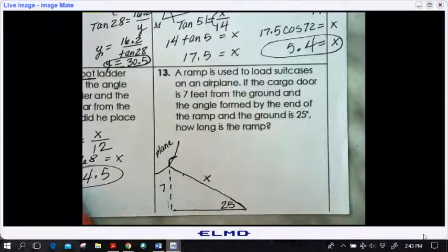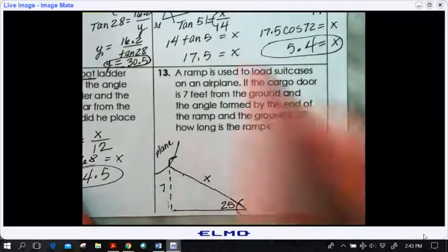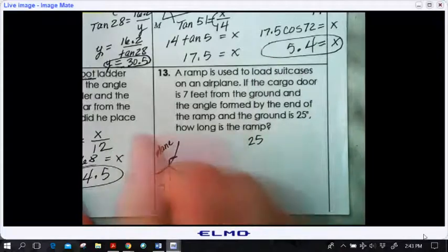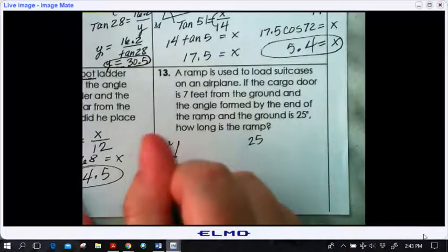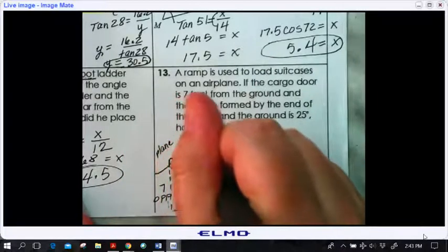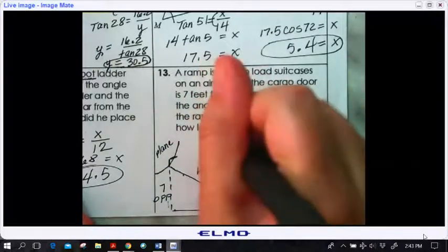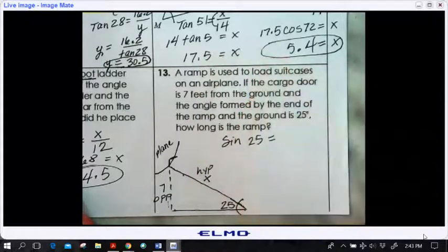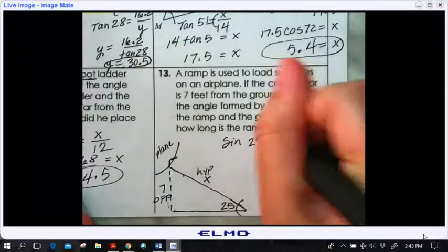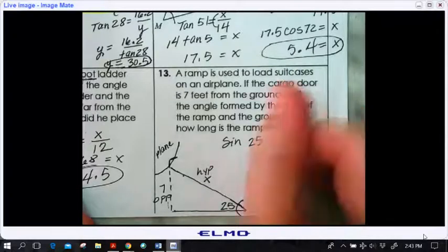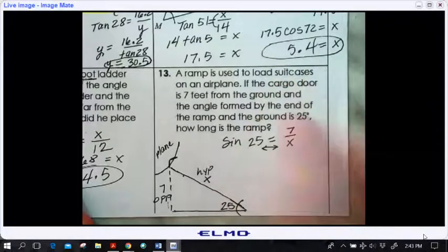In this situation, I have my angle measure, 25. I have the side opposite that angle, and I have my hypotenuse. So what uses opposite and hypotenuse? That's sine. The opposite is 7, the hypotenuse is x, and don't forget our shortcut here. Swap these two.